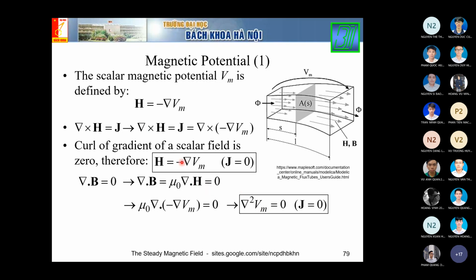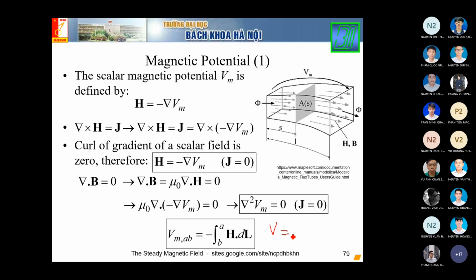And finally, besides this definition, we have another definition of Vm. Vm will be the line integral of H dot dl from B to A. This one, you know, is very similar to the potential. The potential is defined as minus the integration of E dot dl. We'll write it here.